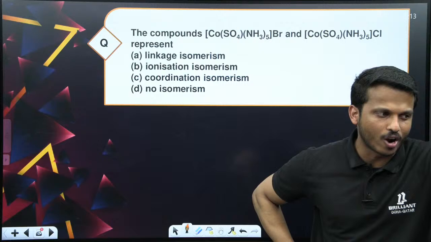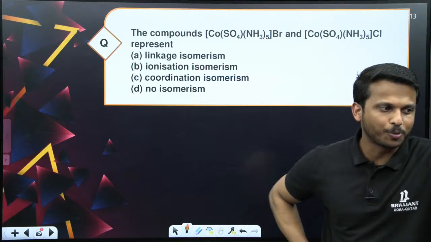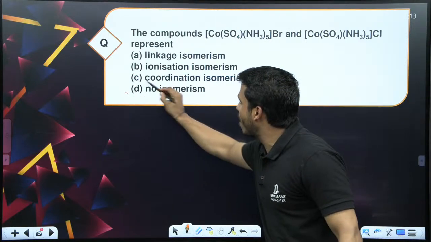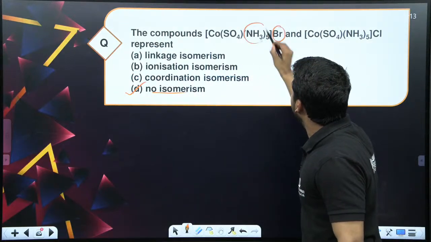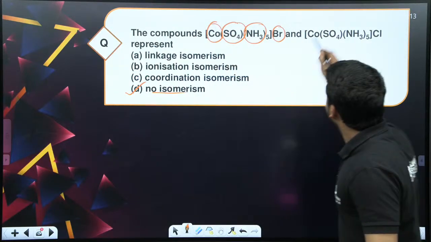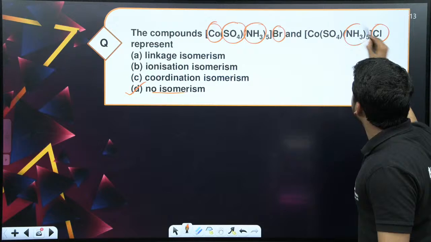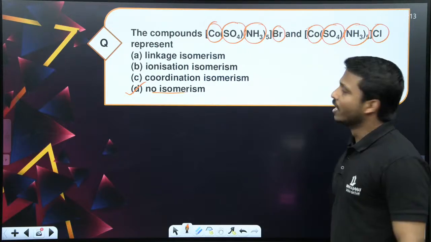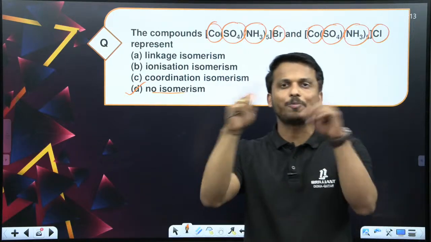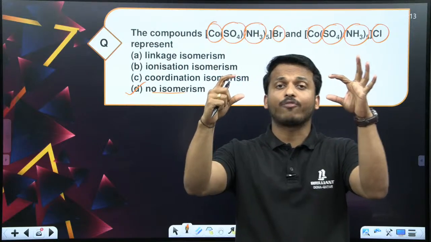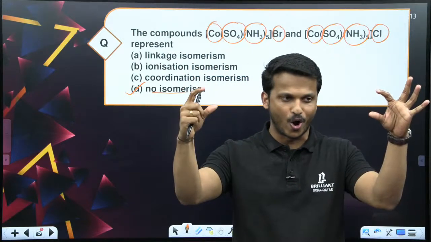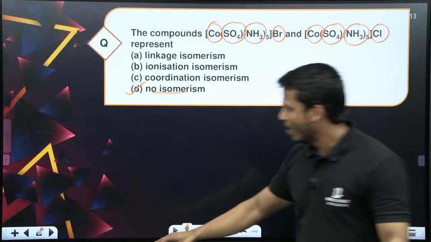Option D, no isomerism, because see here bromine, amine, SO4, cobalt, and here chlorine, amine, sulfate, and cobalt. Bromine and chlorine, two different species are there. When they are giving isomers, you should be very careful whether they have the same formula or not.